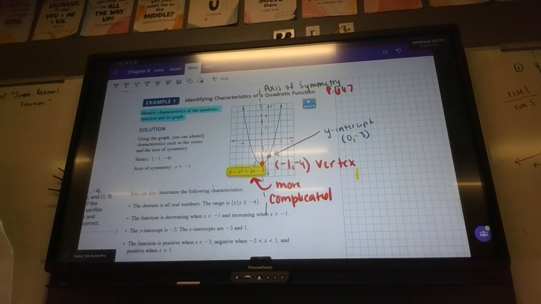We're also supposed to figure out x-intercepts, so let's highlight those. There's 2 x-intercepts with parabolas. That would never be the case with straight lines. But parabolas are symmetrical, so it'll go through in 2 places.